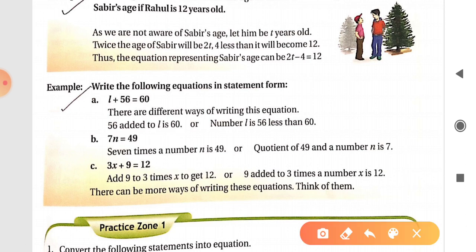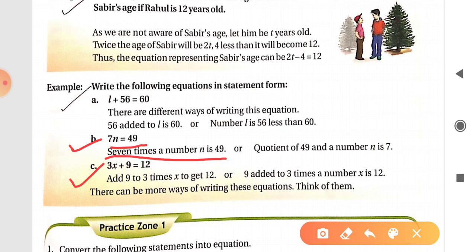Next example is 7n is equal to 49. Its statement is 7 times a number n is 49. You can also write it, the product of 7 and n is 49.